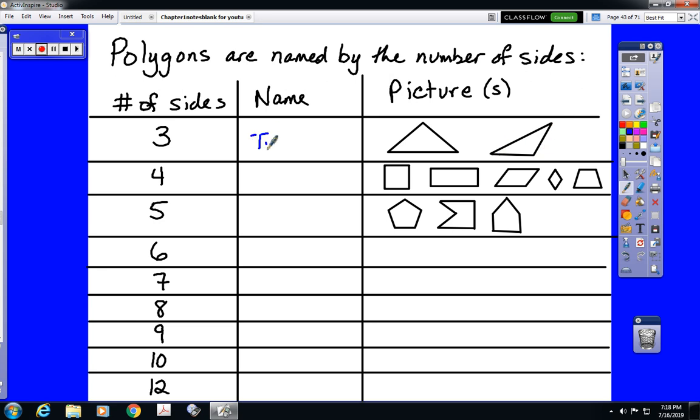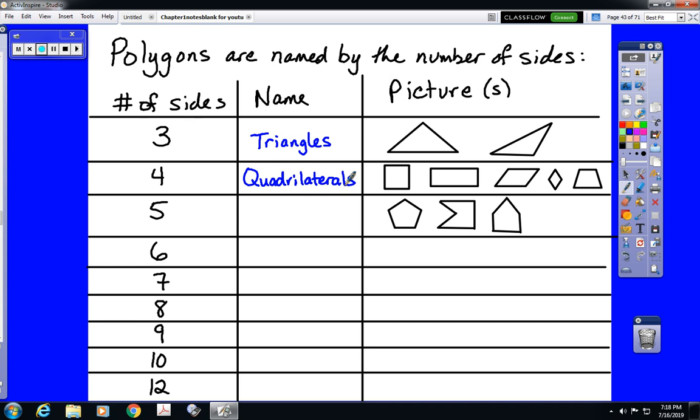You know them as triangles. 4-sided polygons, you've seen all of these shapes before in grade school. They each have their own name. In fact, there's an entire chapter in this book dedicated to 4-sided polygons. Those are known as the quadrilaterals. And by the way, if you name a specific type of quadrilateral, you will be wrong. Quadrilateral meaning 4 lines, 4 sides.